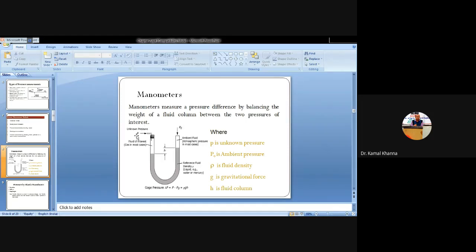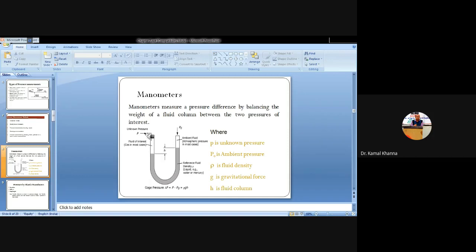So earlier we have an unknown pressure here. Then as soon as we attach this manometer to the fluid, this fluid will enter into it, and we have some reference fluid also. Generally we use mercury here. Let us say we want to measure the pressure of the water in the flowing pipe.